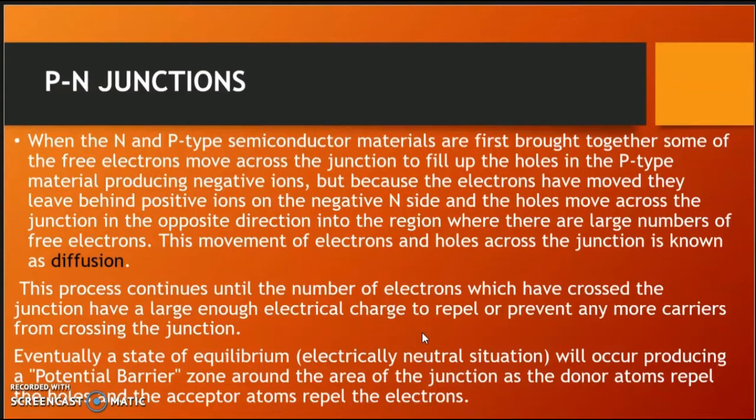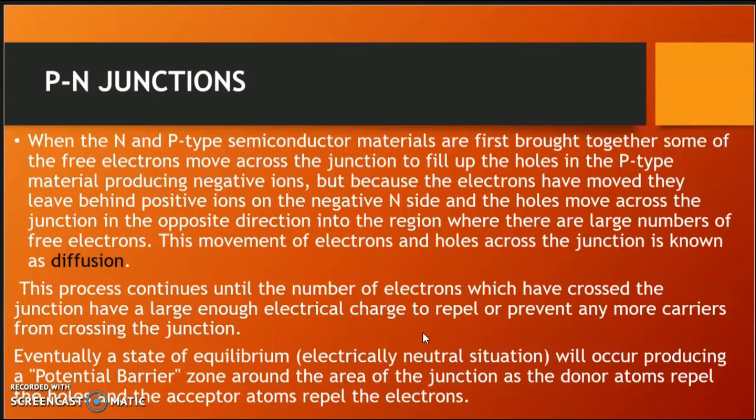Because the holes are also looking for electrons, they will also cross to the N-type semiconductor. This movement is termed diffusion in electronics. So when we say diffusion, we are talking about the movement of electrons and holes across a junction.